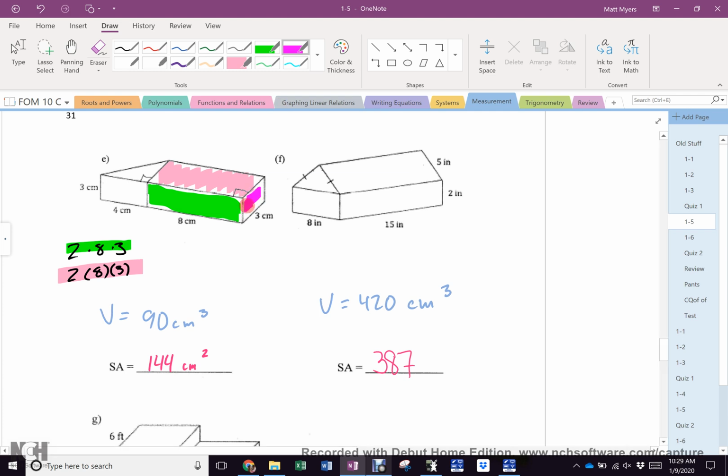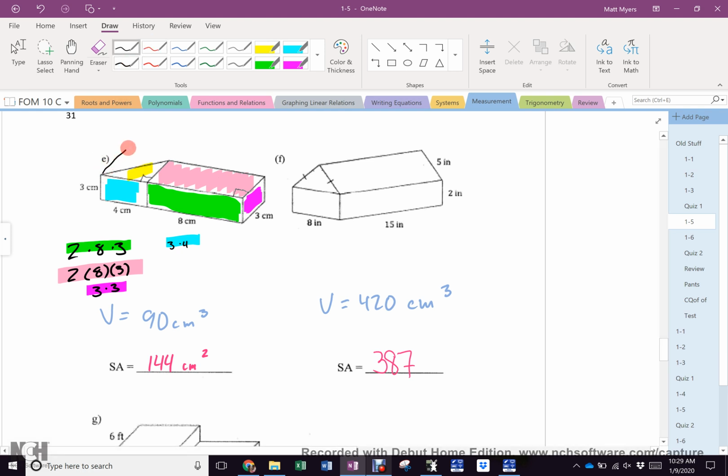How many purples? 1. 3 times 3. That's the purple one. How many blues? 1. 3 times 4. That's the blue. How many yellow triangles? 2.